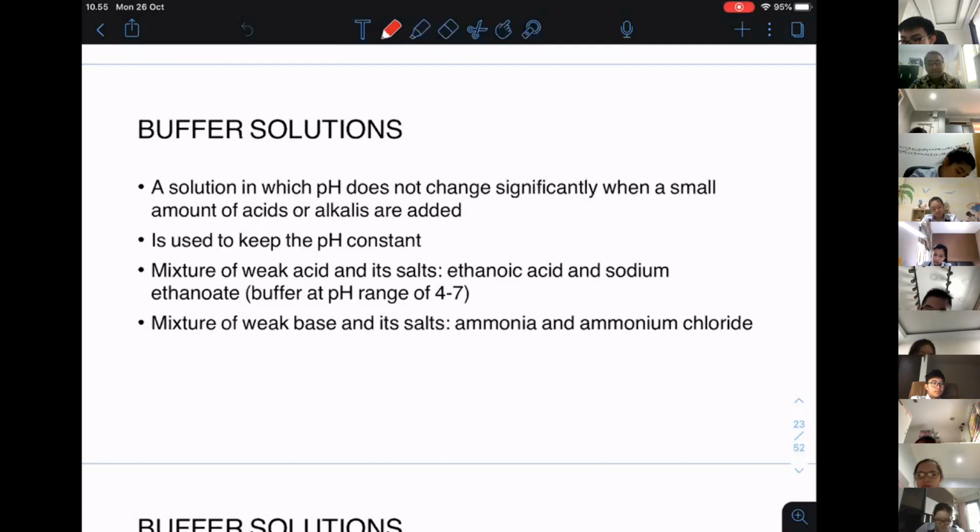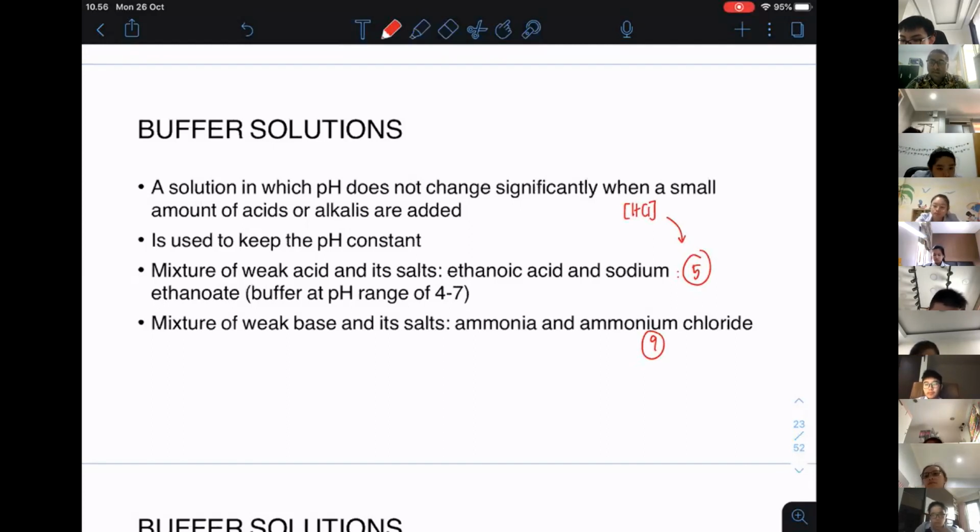So let's say you mix, and the pH is 5, for example, or let's say the pH is 9. Once you get that pH, if I add a small amount of HCl into that, will the pH change to become 4?